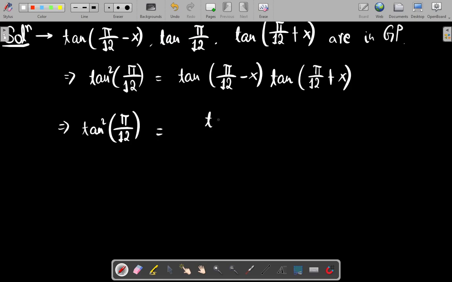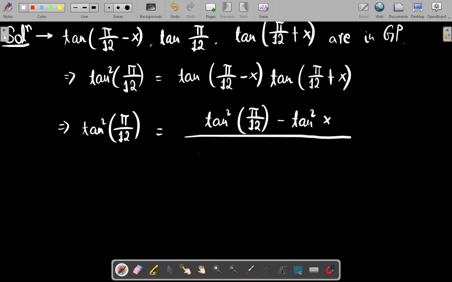The formula is: this becomes (tan²a − tan²b) in the numerator upon (1 − tan²a tan²b). This is the formula.